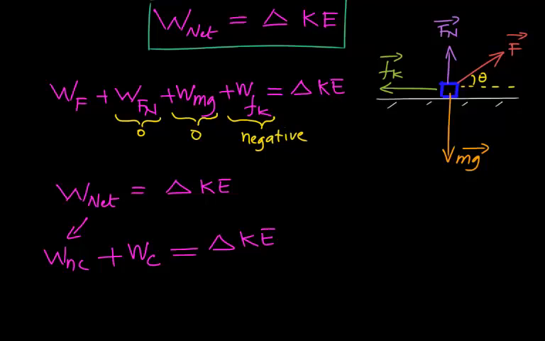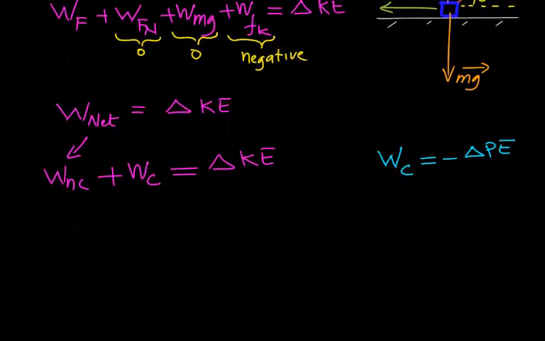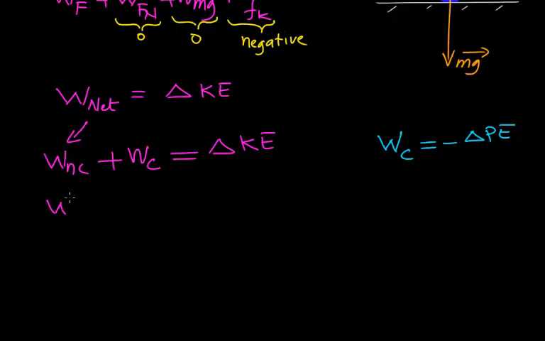We introduced it earlier that the work done by conservative forces always equals negative delta PE. Let's make that substitution. WNC, instead of work done by conservative forces, I'm going to substitute it with negative delta PE equals delta KE.